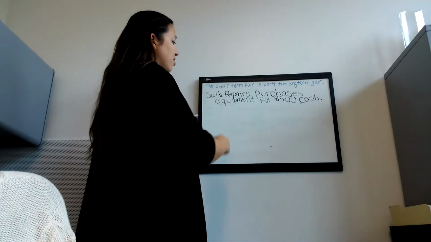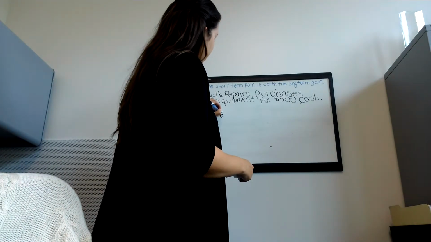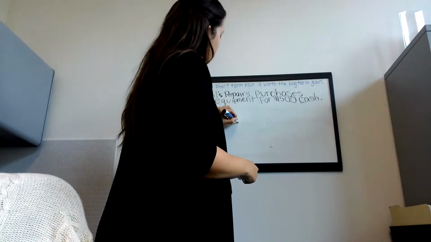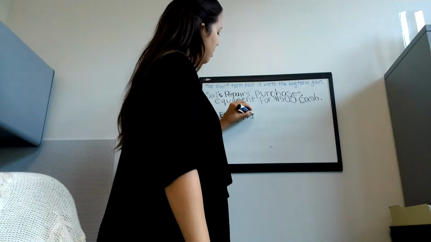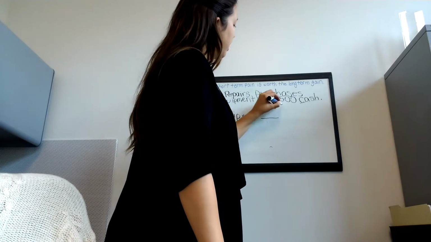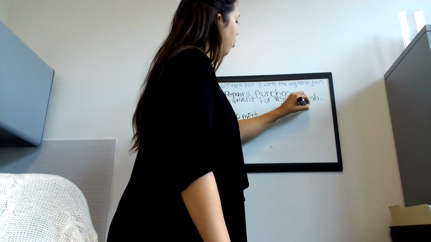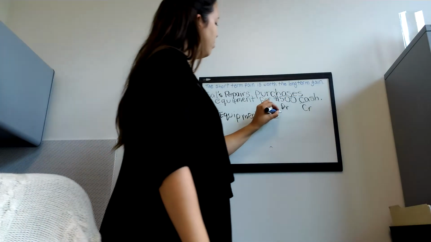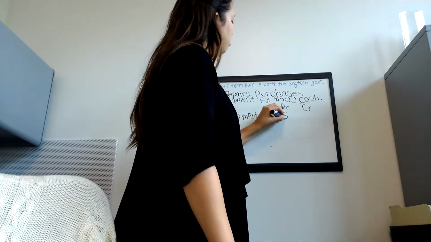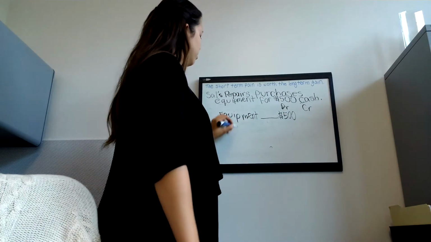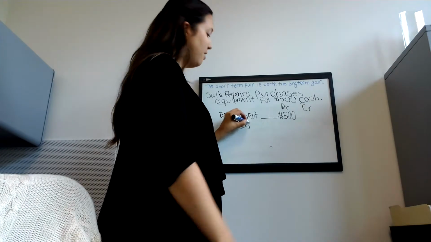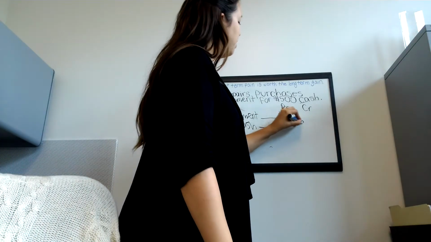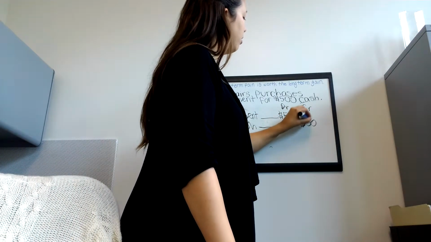So the debit in this case is equipment, and we should label this debit and credit. Equipment will be debited $500, and cash, which we indent, will be credited $500.